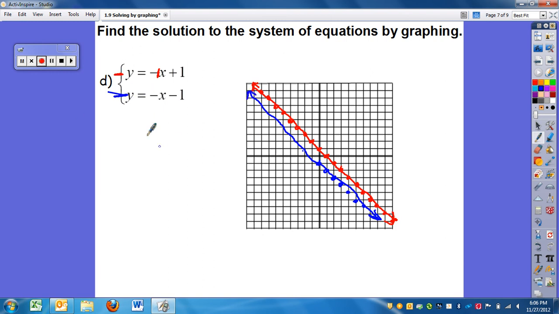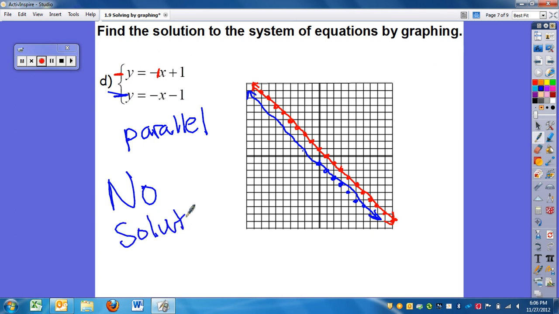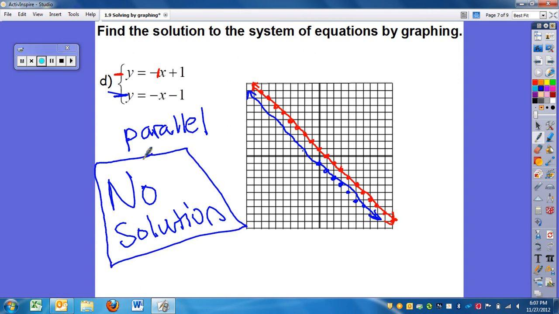So since there is no intersection point because the lines are parallel, we write no solution. There is no point of intersection. And you might have noticed the reason for that is the slopes. When the slopes are the same, two lines are parallel because they're moving at the same rate.